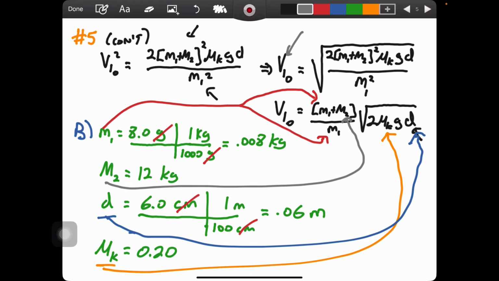We wrote an expression for this velocity in terms of the masses, the coefficient of kinetic friction, gravity's acceleration, and the distance that the block bullet combo travels before it comes to a stop. And then in part B, we're given our parameters, and it's essentially plug and chug into the expression we symbolically manipulated in part A. So that concludes question number 5 from problem set number 5.